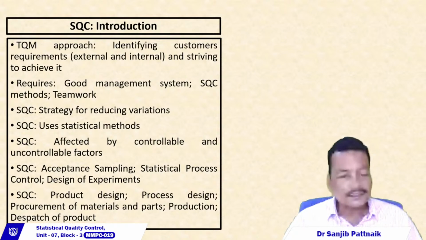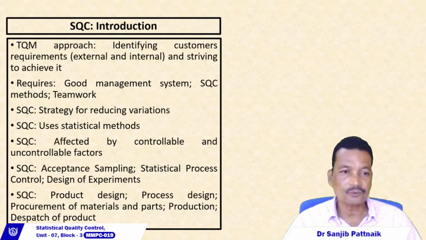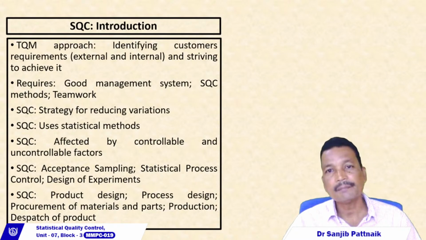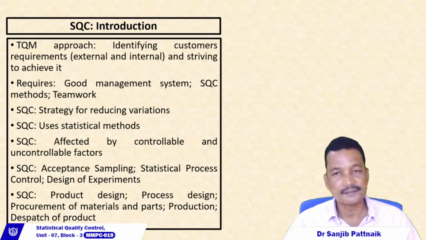Now, what is this statistical quality? We say that statistical quality control is a strategy for reducing variations. Now, what do you understand by it?